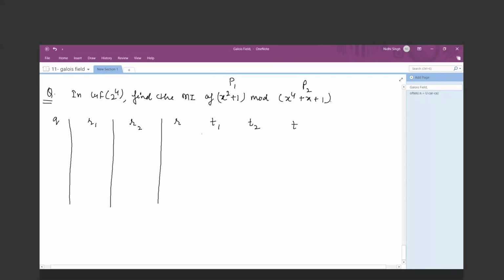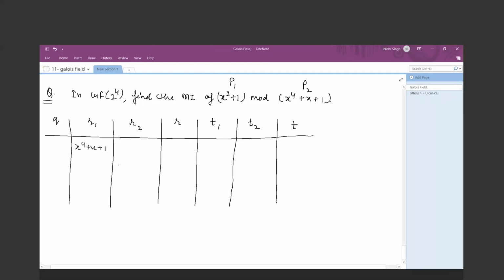Now the same procedure we have to follow. Whichever polynomial has the higher power will become R1. So which of these two is bigger? x to the power 4 plus x plus 1 is R1, and R2 will become x square plus 1. The value of T1 will be 0 by default and the value of T2 is 1.